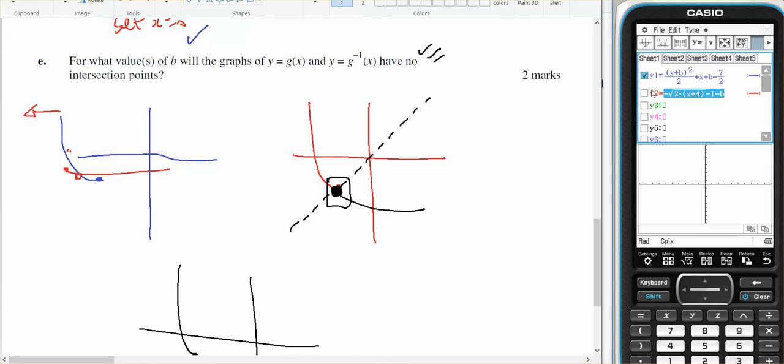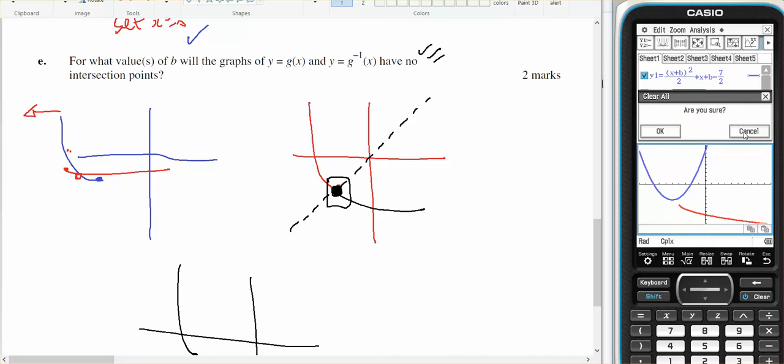And I'm going to tick them. Normally you can't graph them because there's b's involved. But if you tick the family of curves, so if I go, that was drawn from a previous one, cancel, edit, clear all, it clears my graphs.